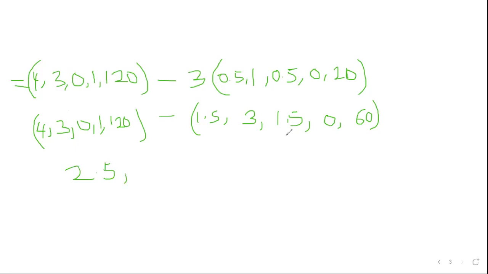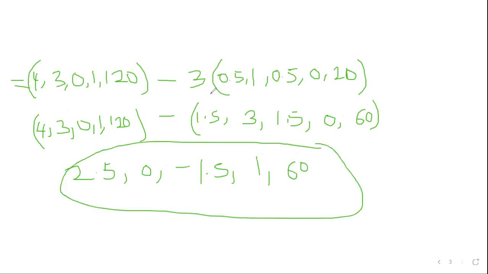Comma, 3 minus 3 is 0. 0 minus 1.5, that's negative 1.5. 1 minus 0 is 1. 120 minus 60 is 60. Okay, so these are the values that we're going to use to fill our table.